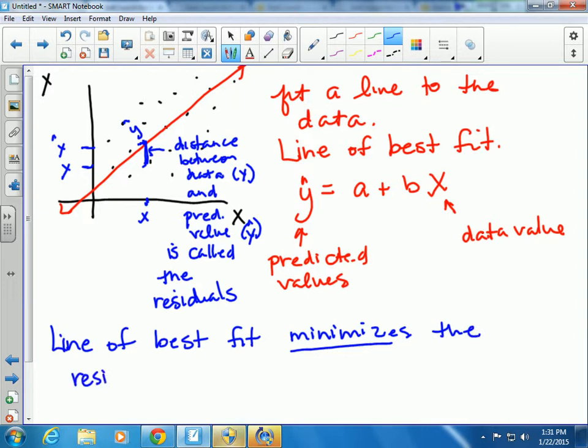So we're trying to figure out a way to cancel them out. The one that's right here might be the same length as that, but since that one's above and that one's below, they cancel each other out. This one that's really close to the line maybe matches that one, they cancel each other out. So we try to put the line in such a way that it cancels it out.